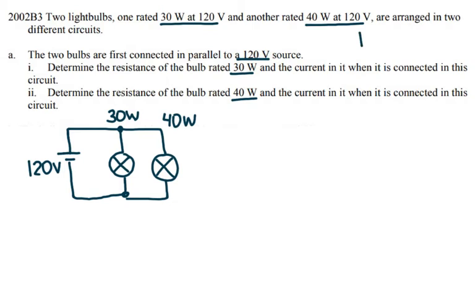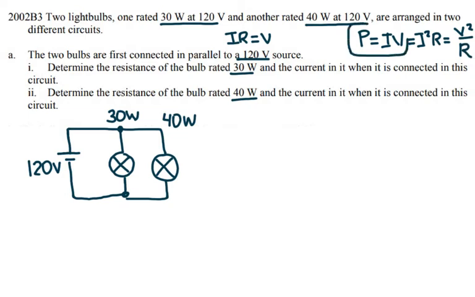So the power is equal to I times V, and because I times R is equal to V, the power formula can be rewritten as I squared R or V squared over R. Usually on the AP exam, you will only be given the first part of the formula, so you can replace V with I times R or I with V over R to get the rest of the formula.